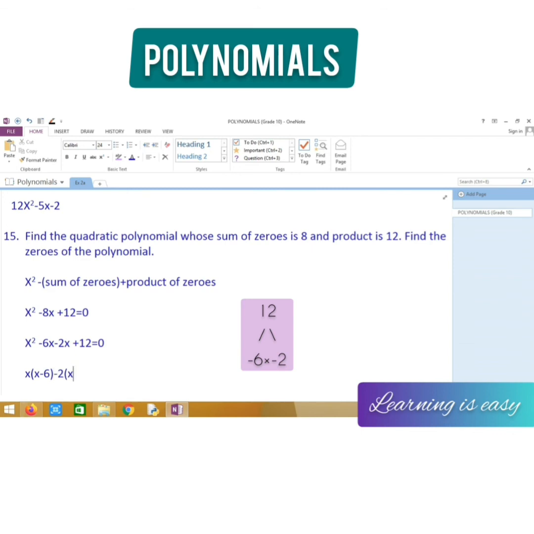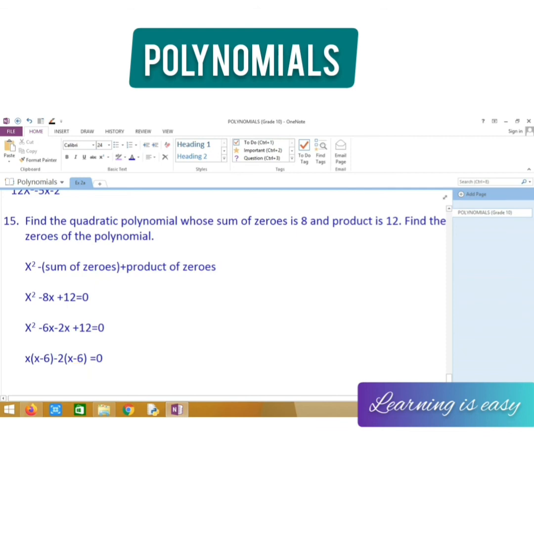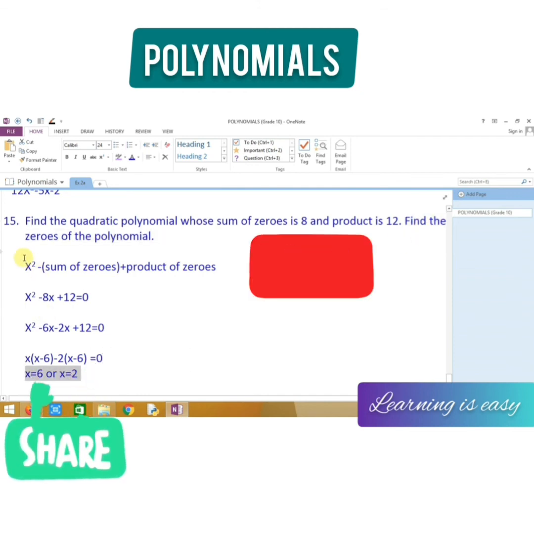So the value of x is going to be 2 or 6. x minus 2 into x minus 6, so x equal to 2 or 6, as they are asking us to find the zeros of the polynomial. So that's 6 and 2, which sum up to 8, and 6 twos are 12. Thank you.